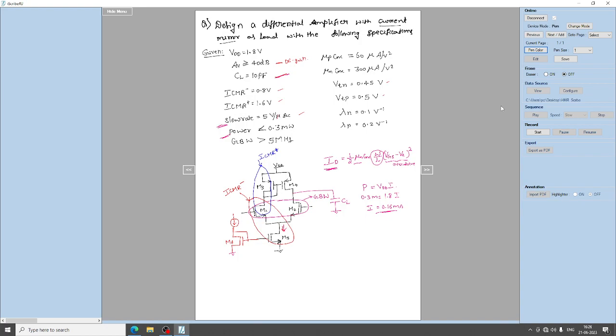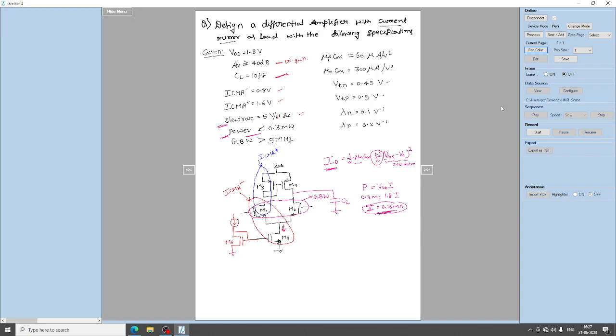Okay, this is the total current used in this transistor, but this value is not fixed, because the power is not a fixed value. They have given that the power should be less than 0.3 milliwatt. So the current should be less than what you get.